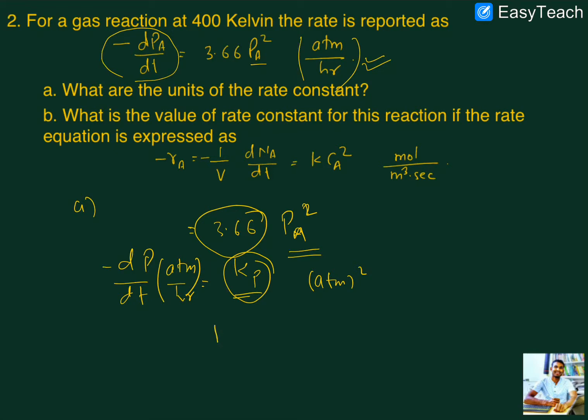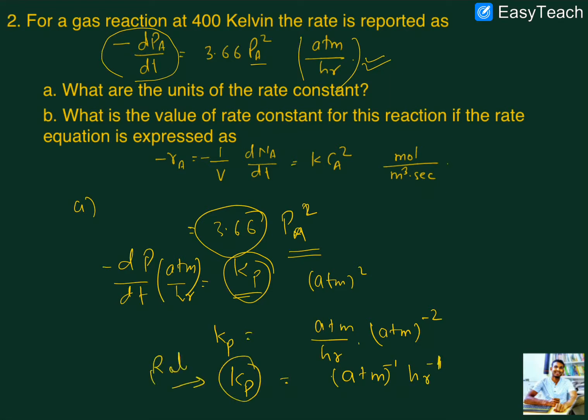We will cancel atm per hour, it goes to the left-hand side, and the pressure term becomes atm to the power minus 2. So kP will have units of atm inverse hour inverse. This is the unit of kP, the rate constant asked in part A.